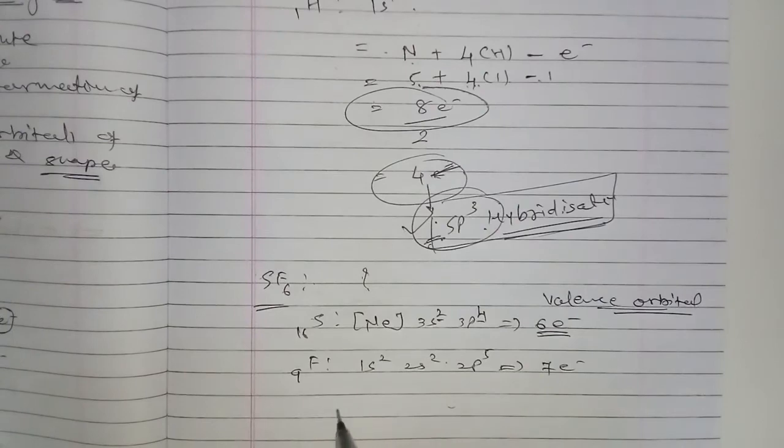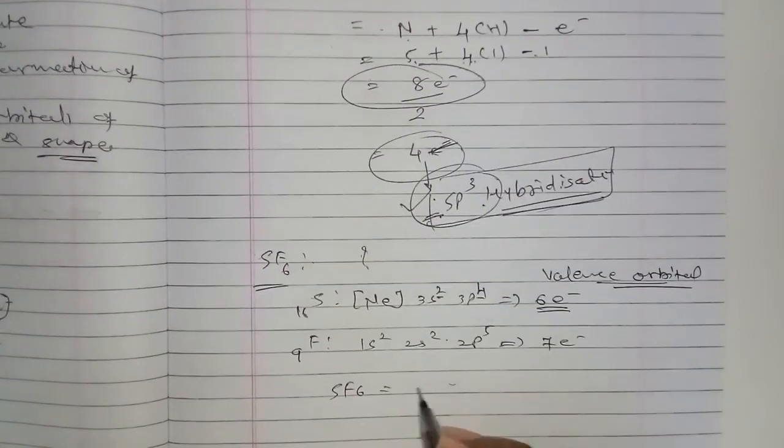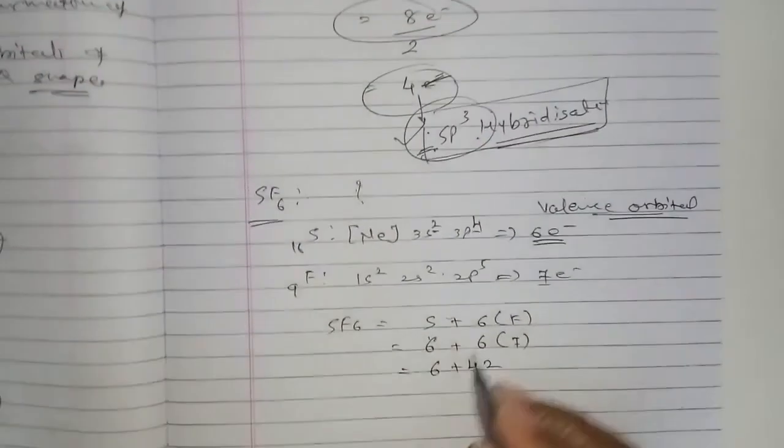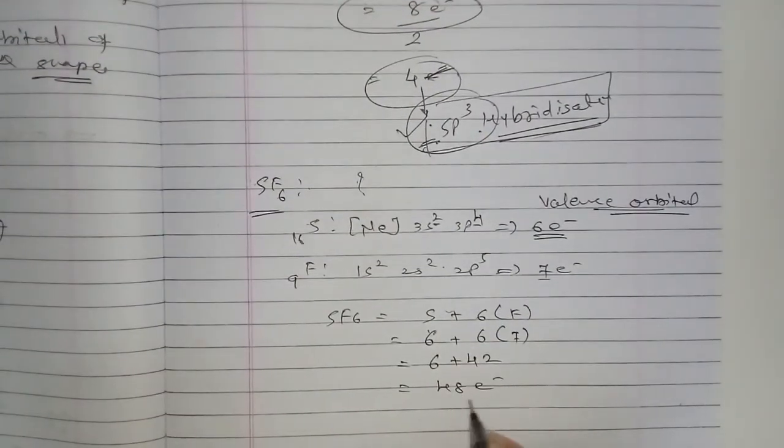For SF6, S plus 6 F: for S there are 6 electrons, and for fluorine 7 electrons each. So 6 plus 42 is 48 electrons.